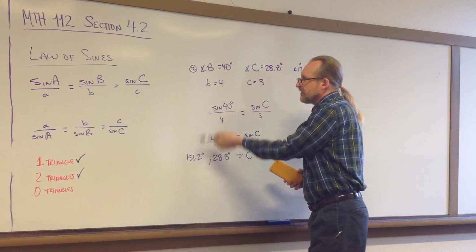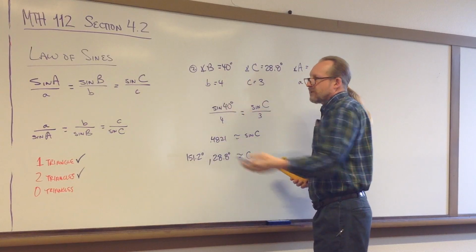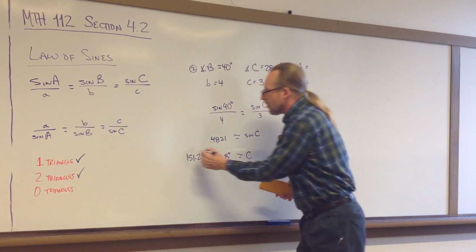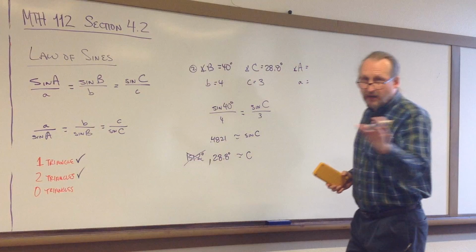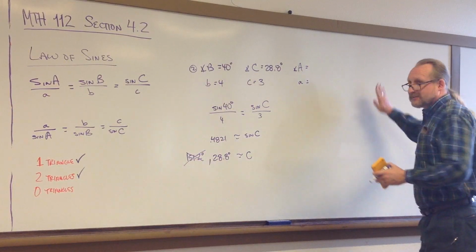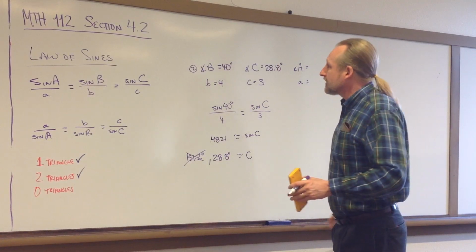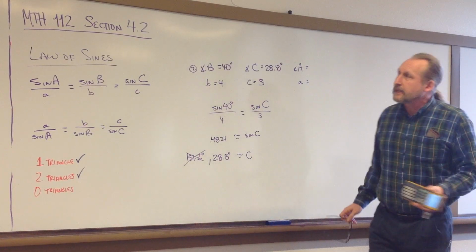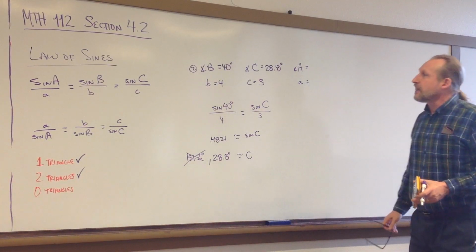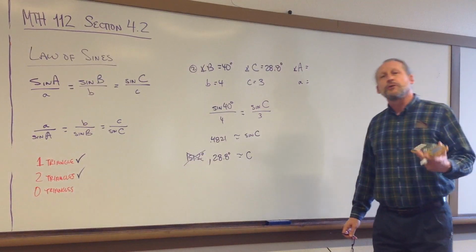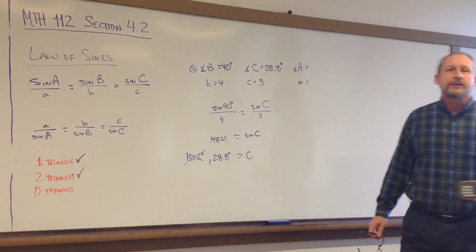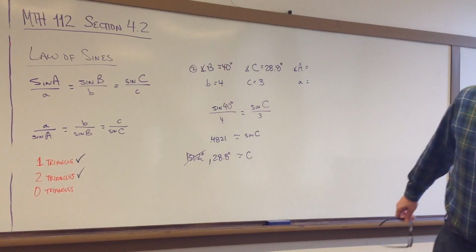This 151 is too big. 151 plus 40 is 190 degrees. That's more than a plane triangle on a flat surface can hold. Okay? If you ever take a course in advanced geometry, I never did, but it's pretty interesting stuff because you move beyond what's called plane geometry to consider spherical geometry.